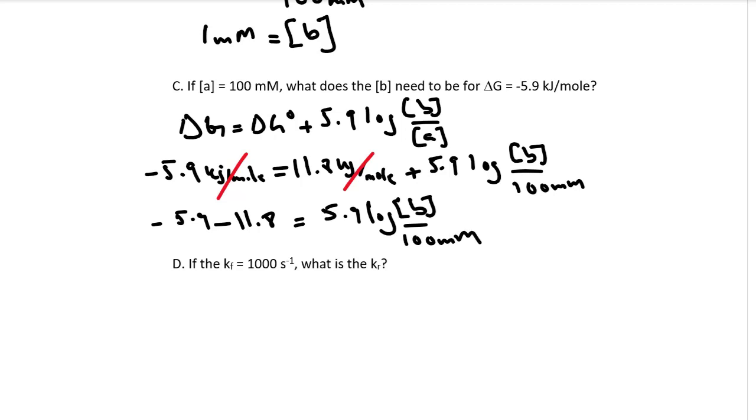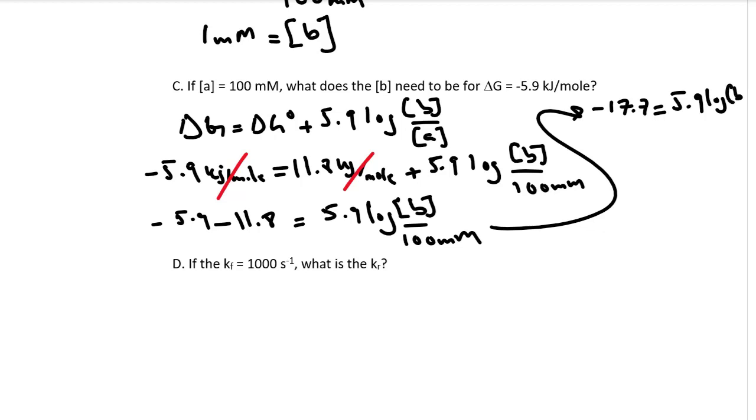Negative 5.9 minus 11.8 gives us negative 17.7. So negative 17.7 equals 5.9 log of B over 100. Actually, the units are important here, so we're going to keep them. Now I divide by 5.9 on both sides, and this gives me negative 3 equals log of B over 100.